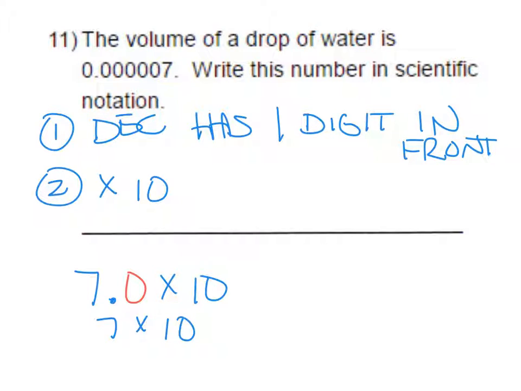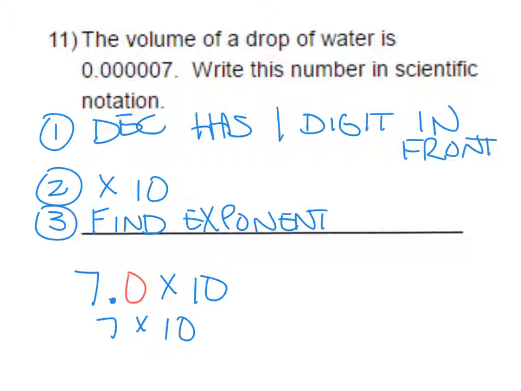Now, the second part is every scientific notation is always times 10. Because 10 saves us from having to do a lot of math and moves the decimal point for us. The third part is to find the exponent. So we need an exponent to put here that makes the decimal point go back to its original spot up in the front of the number.